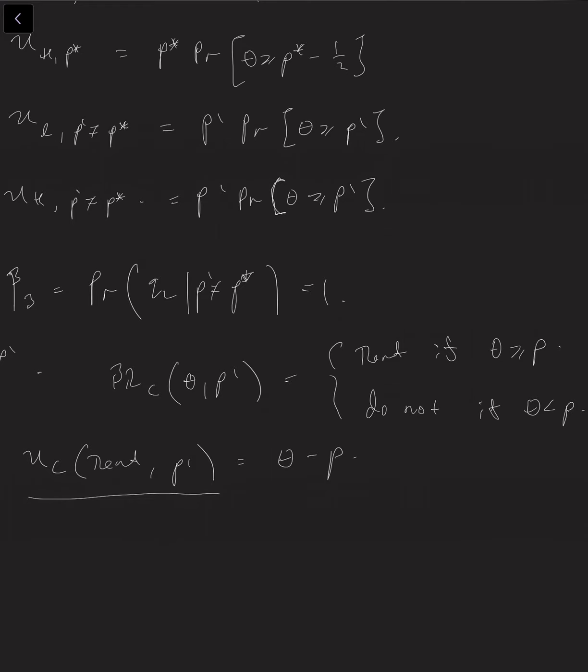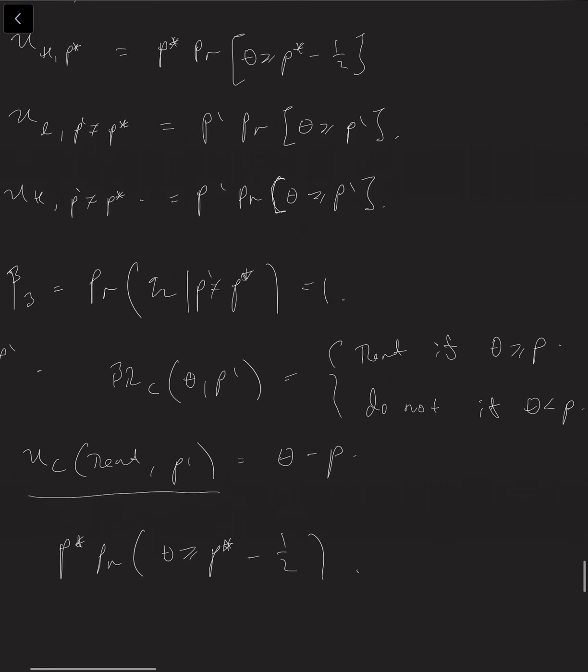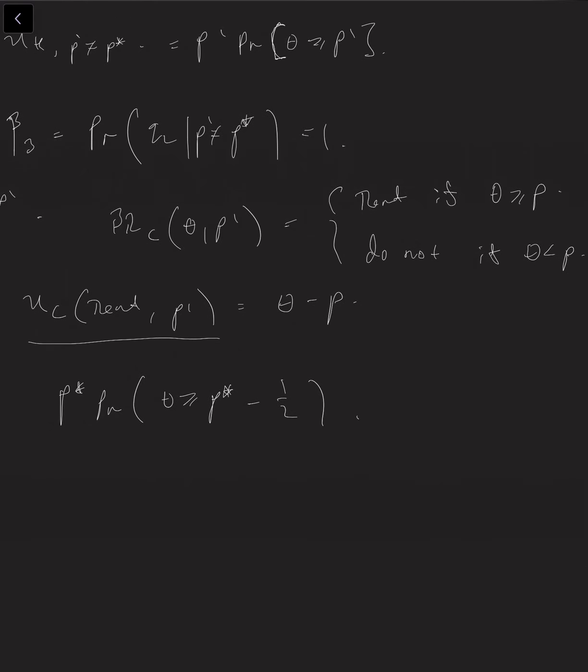So let's write this again. Because it's the same in both cases, we just have to consider one case. Right, so we have two cases. Either P star is less than half, because again this is a CDF, so we have to be careful with how we go about things.